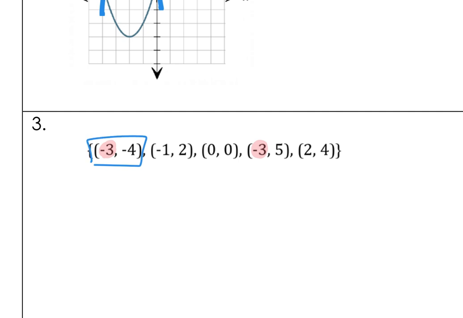Because it has 2 different y's, this is not a function. Again, each x can only have one y, so if the x repeats, it's got more than one y.